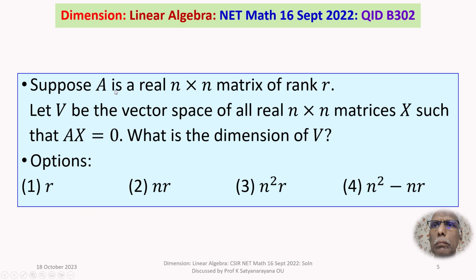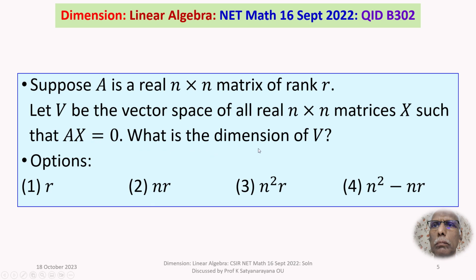We have capital A is a real square matrix of order n of rank R. We are also given V is the vector space of all real n by n matrices capital X such that A multiplied by capital X is equal to 0.